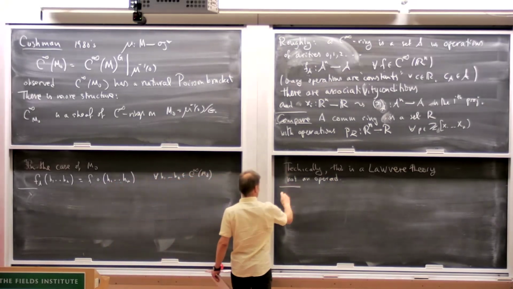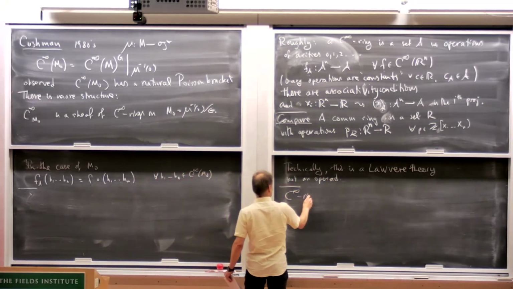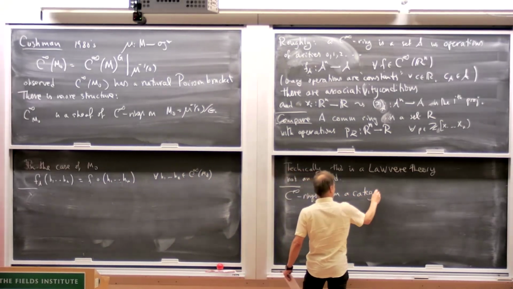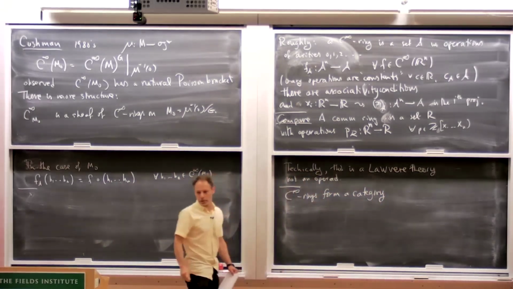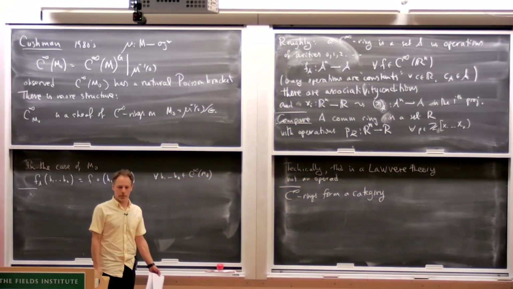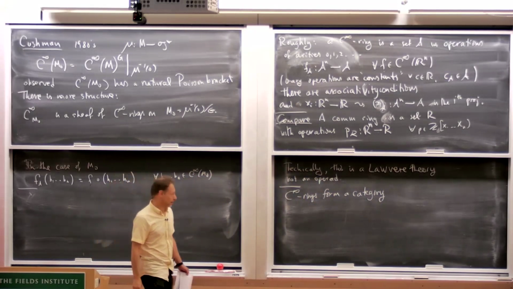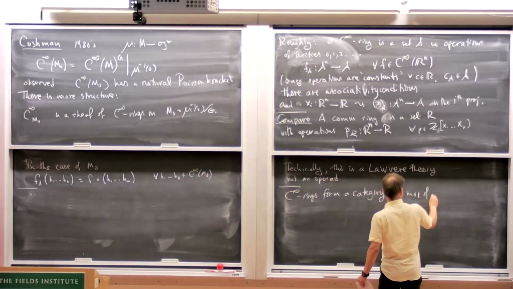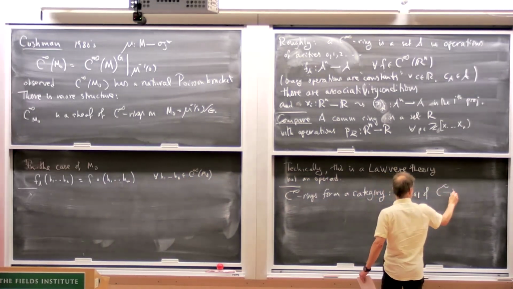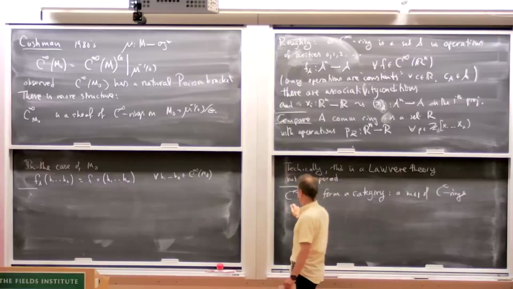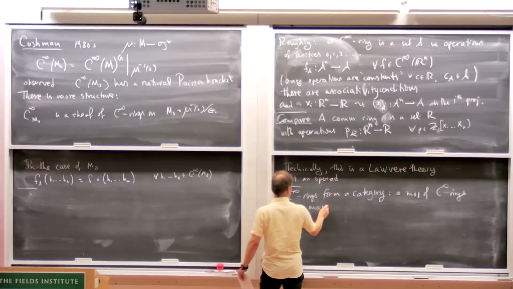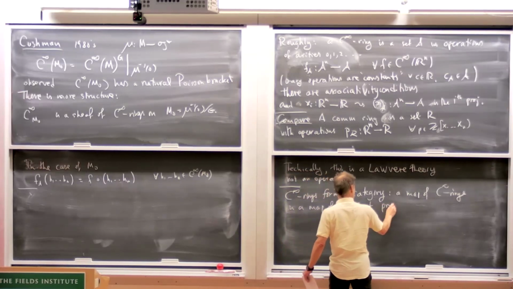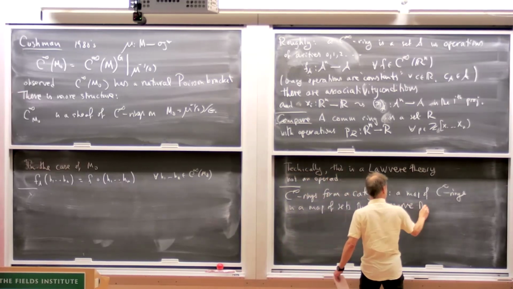Right. So C-infinity rings form a category. Or if you don't like this language, if you have 2 C-infinity rings, there is a notion of a homomorphism. A map of C-infinity rings is a map of sets with a preserved structure. We preserve the operations.